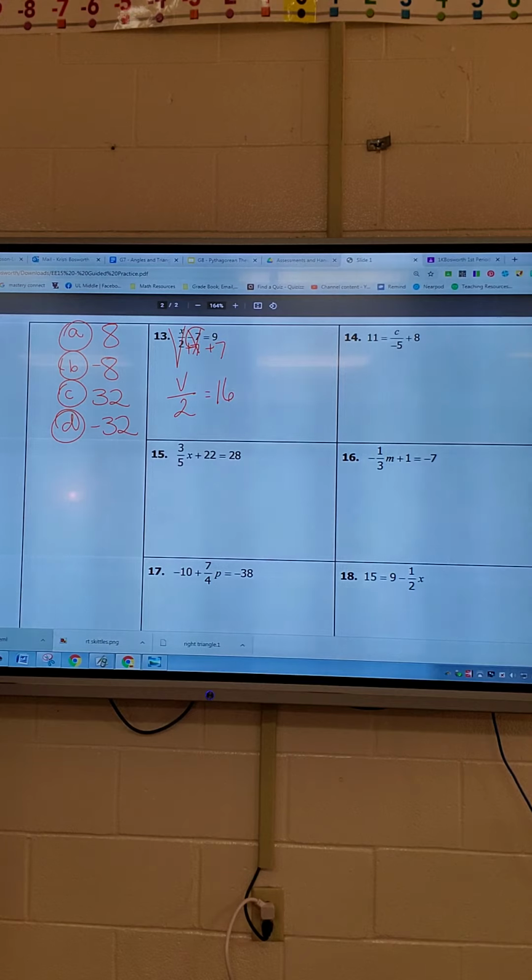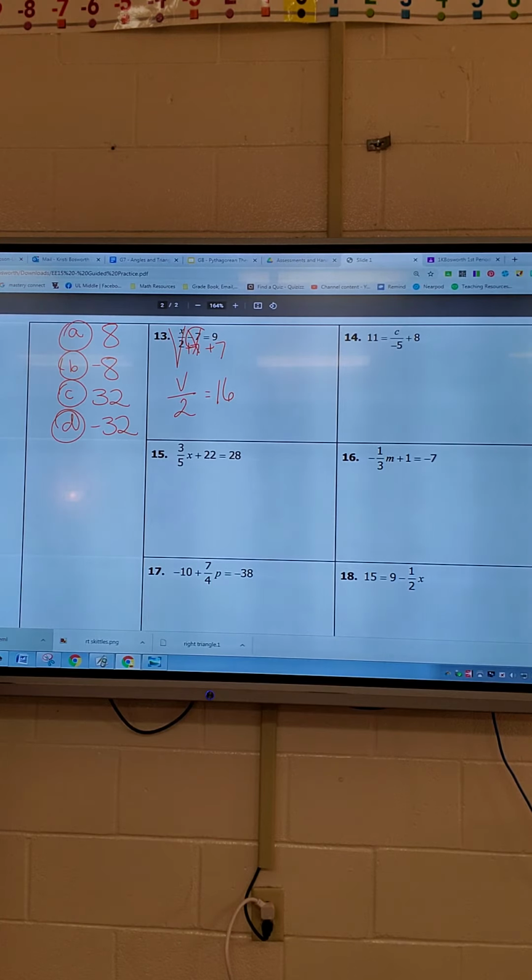What do you think the answer to this is? B equals what? I think it's 32. 32. Positive. All right, so Austin says C, Olivia says A. You said C? Anybody else say anything different?